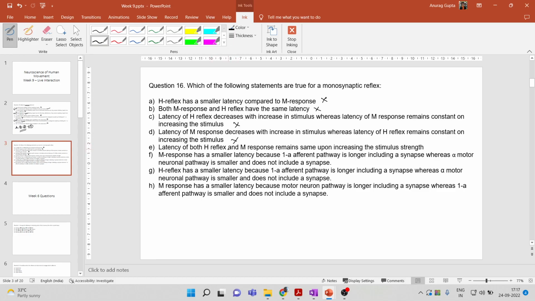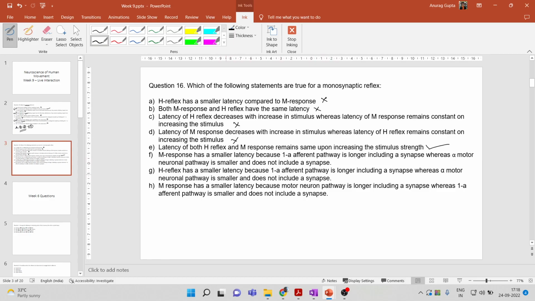The latency of both H reflex and M response remains the same upon increasing the stimulus strength. Yes, that's correct. The M response has a smaller latency because the 1A afferent pathway is longer, including a synapse, whereas the alpha motor neuronal pathway is shorter and does not include a synapse.